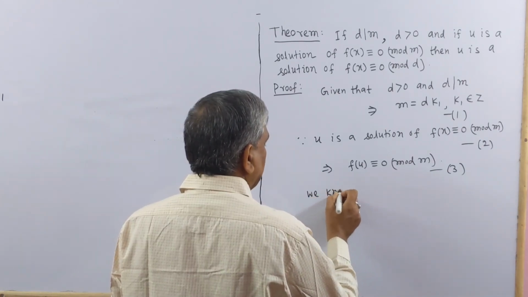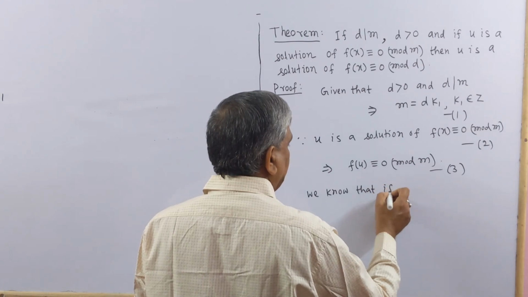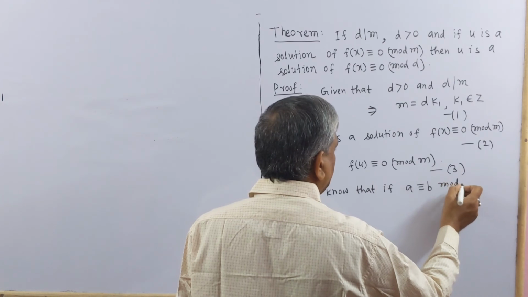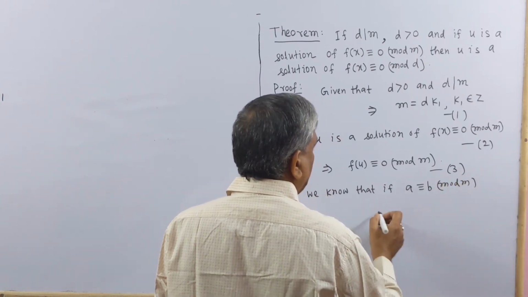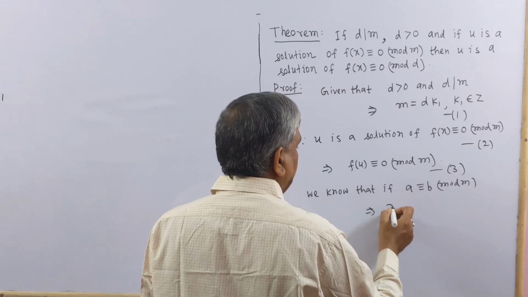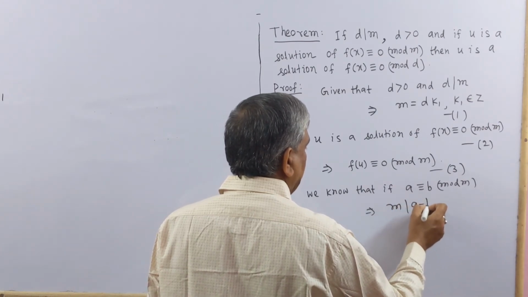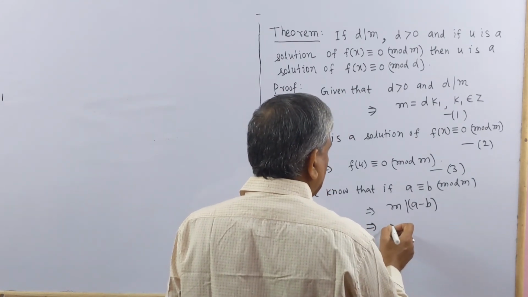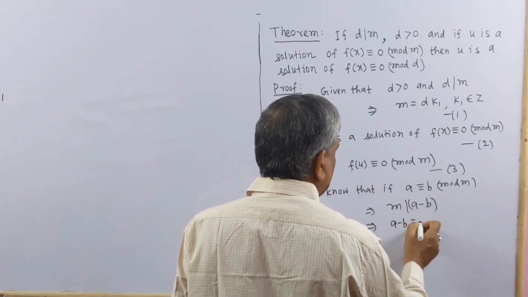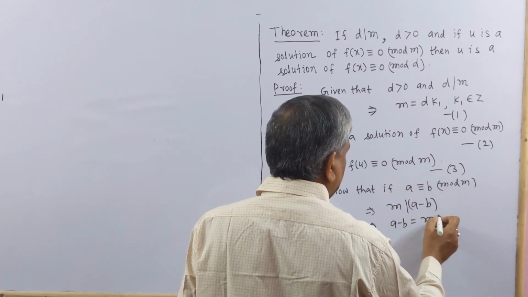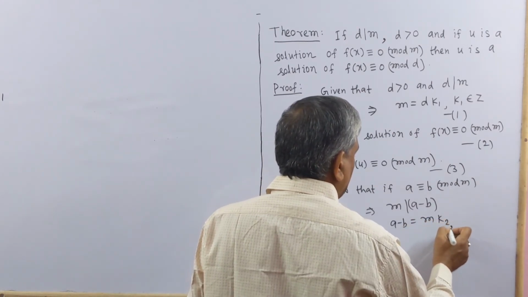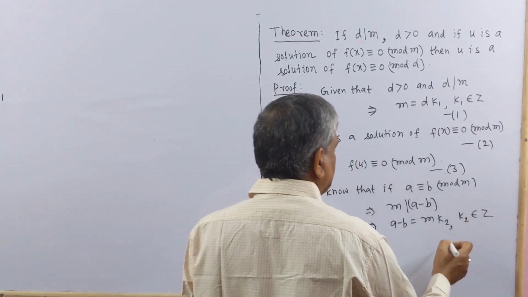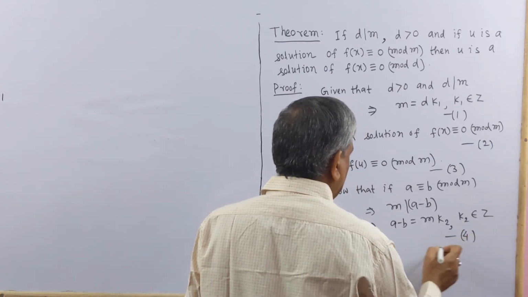We know that if a is congruent to b modulo m, it implies that m divides a − b, which implies that a − b = mk₂, where k₂ is another integer. This is number 4.